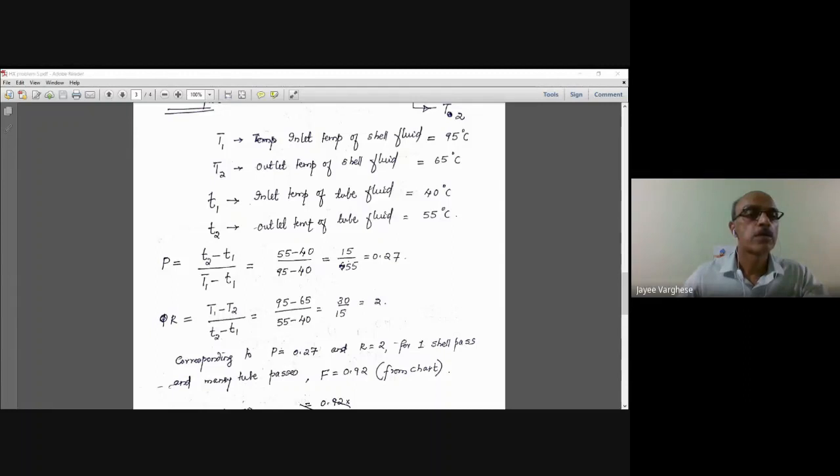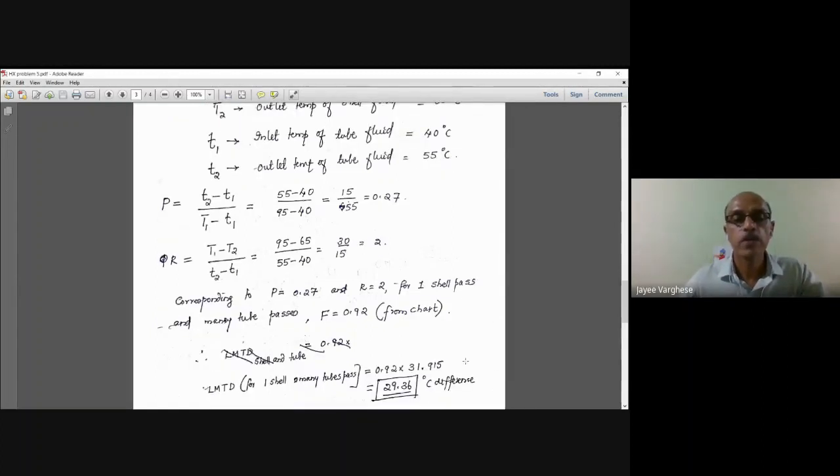So here it intersects this curve at a value of maybe we can take it as 0.92 approximately. So the correction factor is obtained as 0.92. Now let's go back to our PDF solved problem. So from these values, the correction factor is obtained as 0.92.